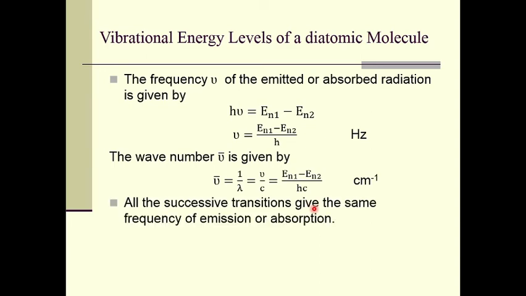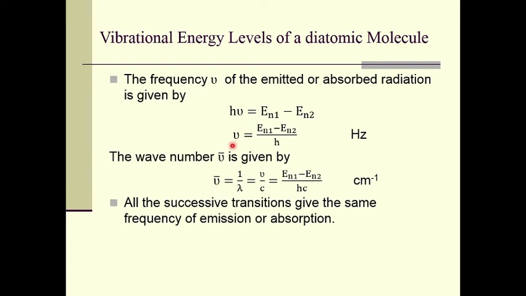So all the successive transitions give the same frequency of emission or absorption. That means transition between any energy levels, right? So we are saying n is changing, but there is no n in the expression for the wave number or frequency.